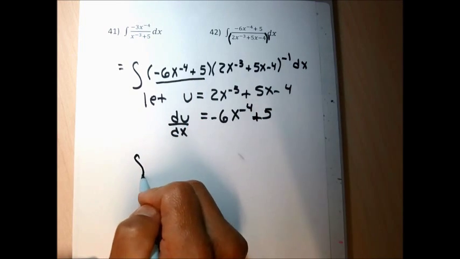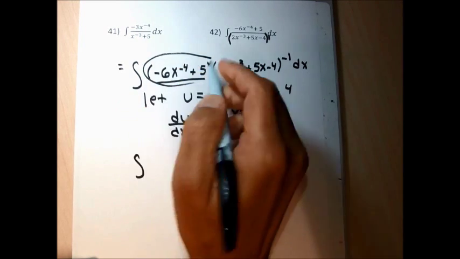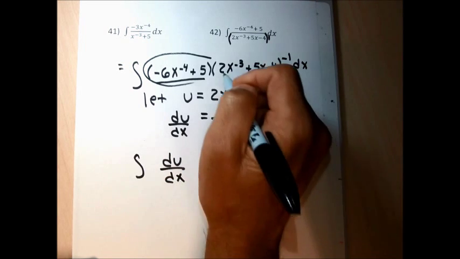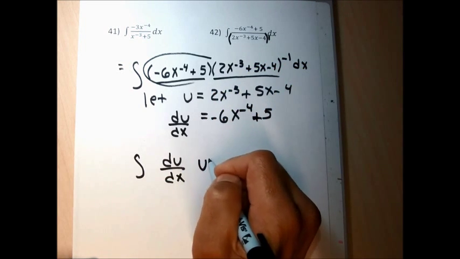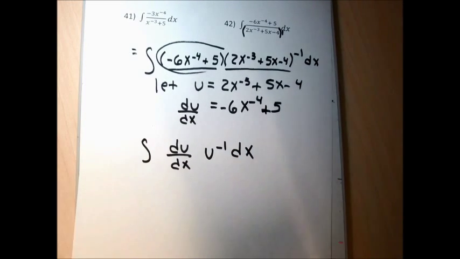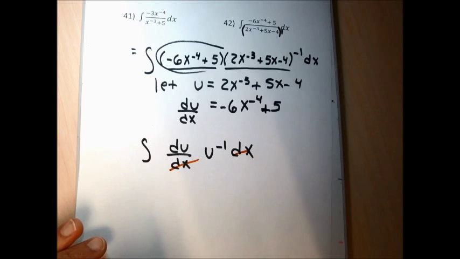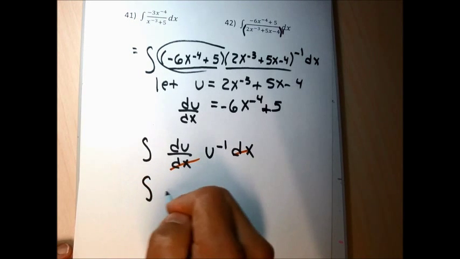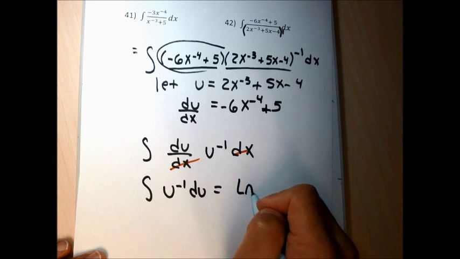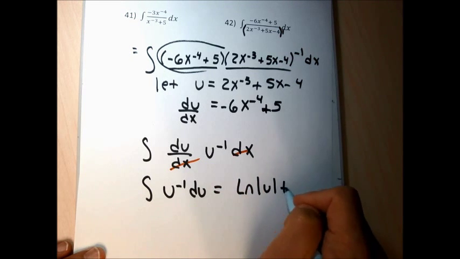So now I'm going to rewrite that piece right here as du dx. The inside of the parentheses as u. And I leave my dx, which I cancel. So this is the integral of u to the negative 1 du, which is the natural log of the absolute value of u plus c.